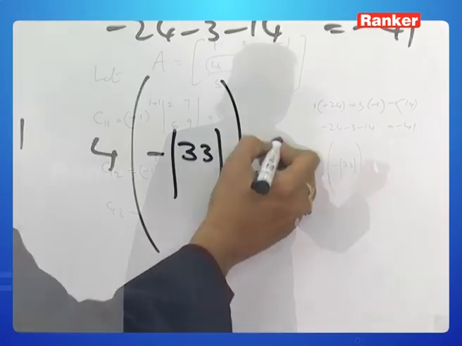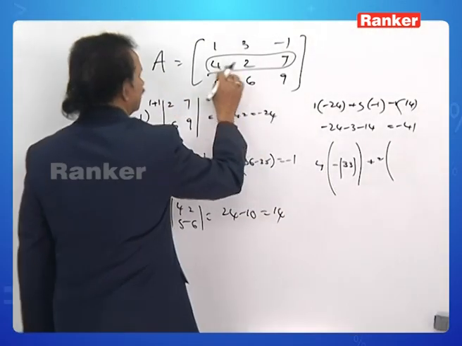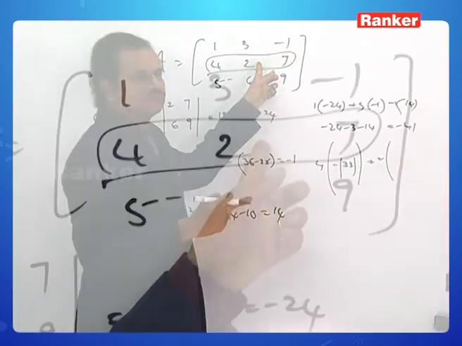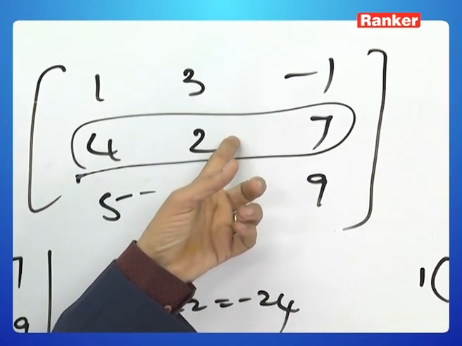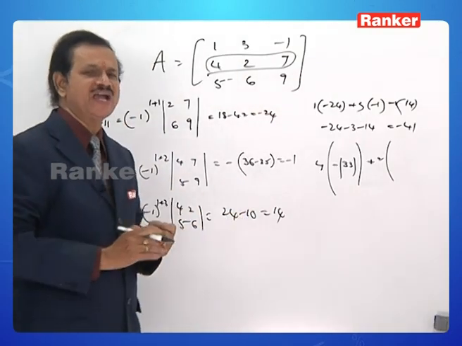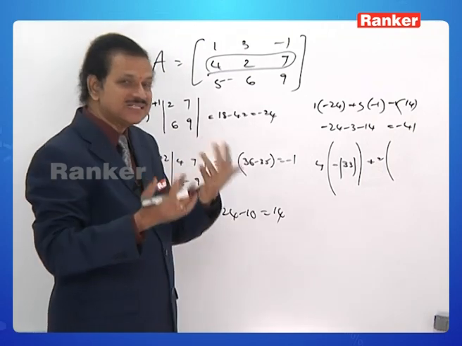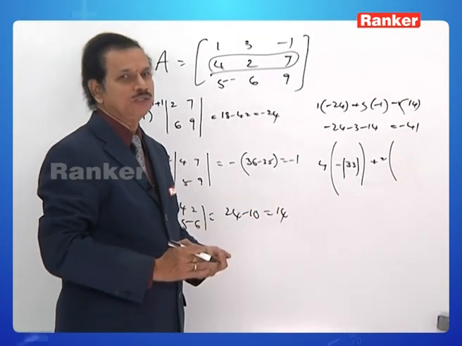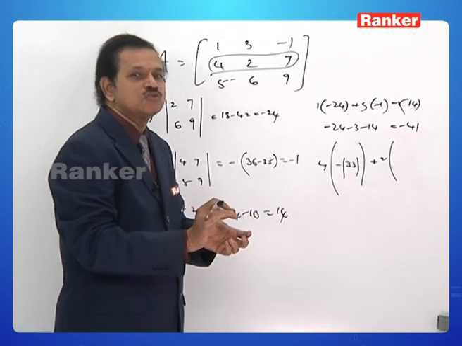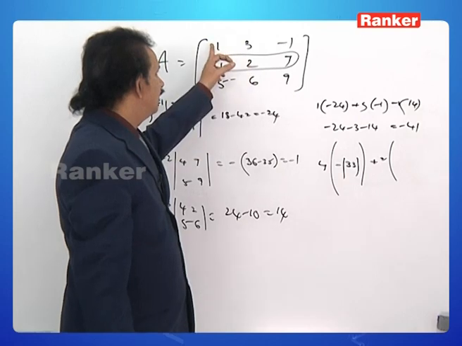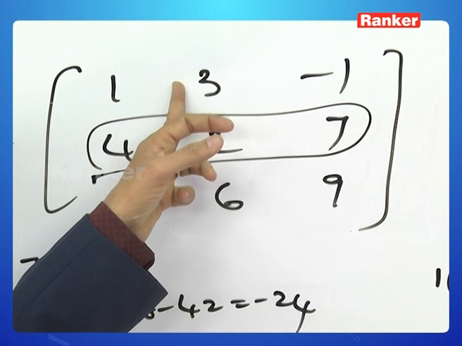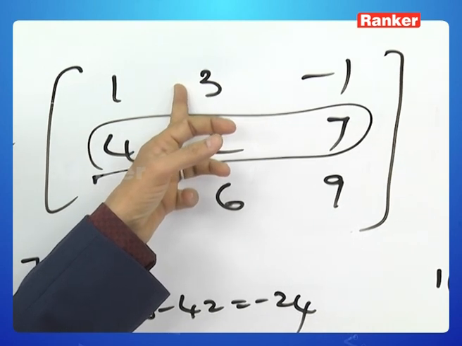Next, 2 into the cofactor. Second row, second column. (-1) to the power 2 plus 2 is 4. You can have a fixed understanding in your mind according to the places, so you can assign the sign to be given before the cofactor. First row, first column: 1 plus 1 is 2, so plus. First row, second column: 1 plus 2 is 3, (-1) cubed is minus.